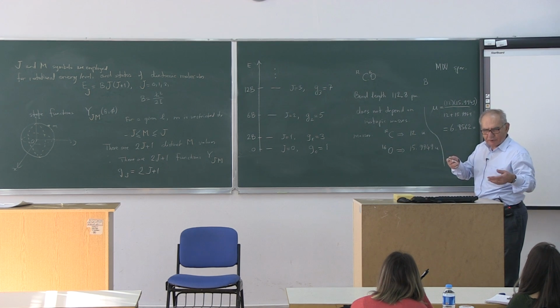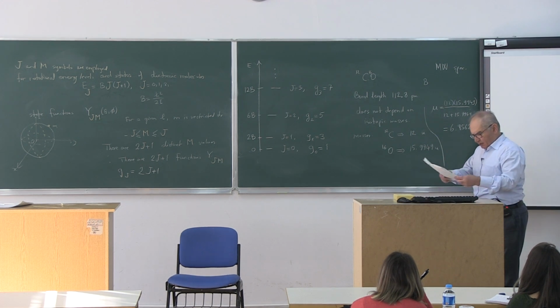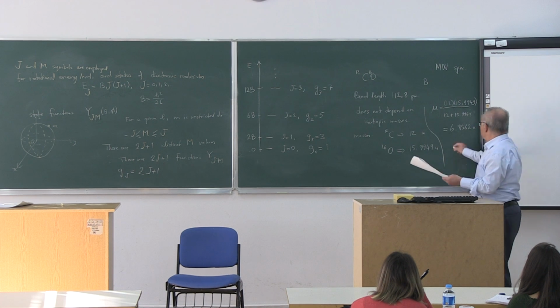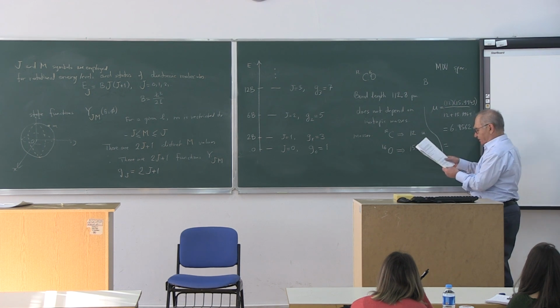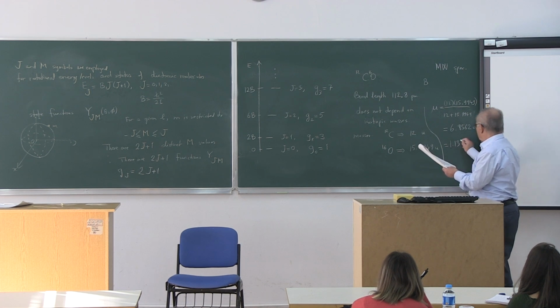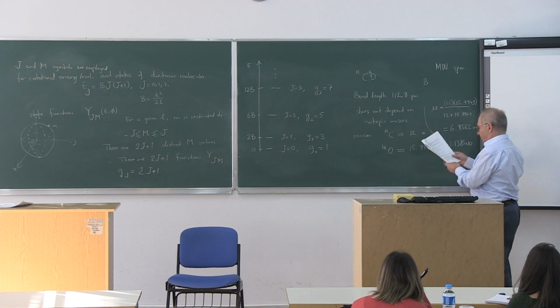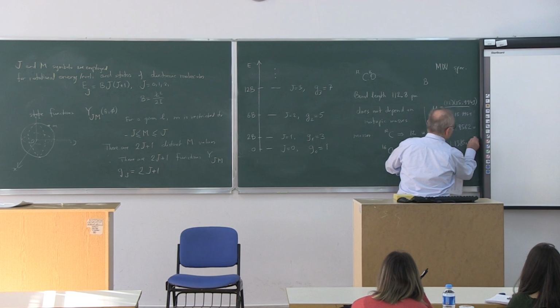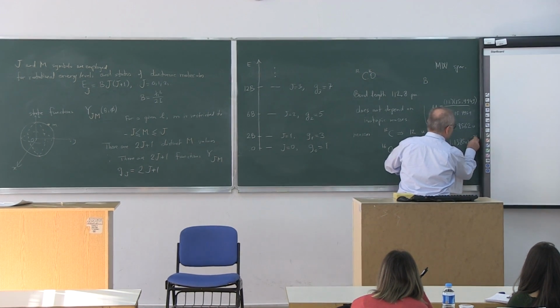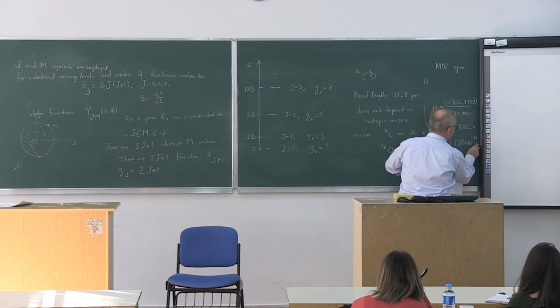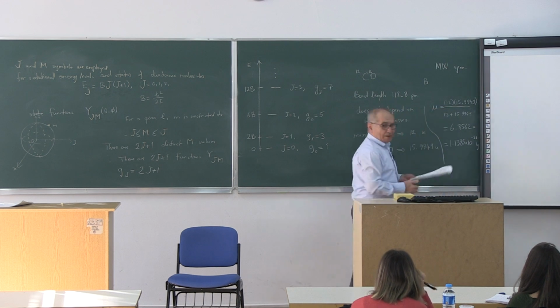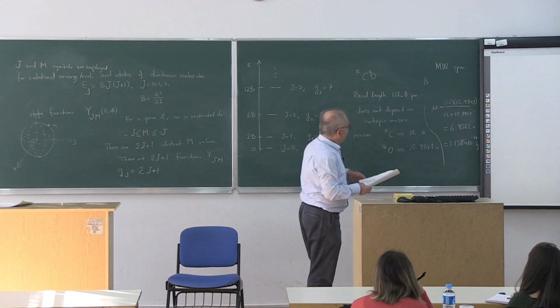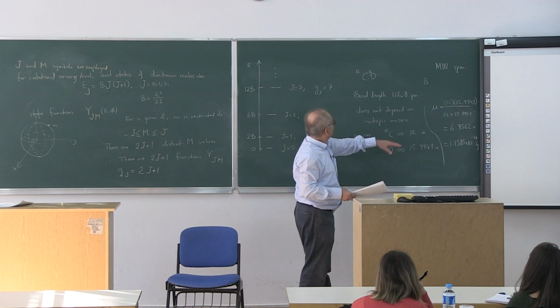That's the conversion factor. And when we do the calculation, we get 1.1385 times 10 to the minus 26 kilogram, a number for the reduced mass.